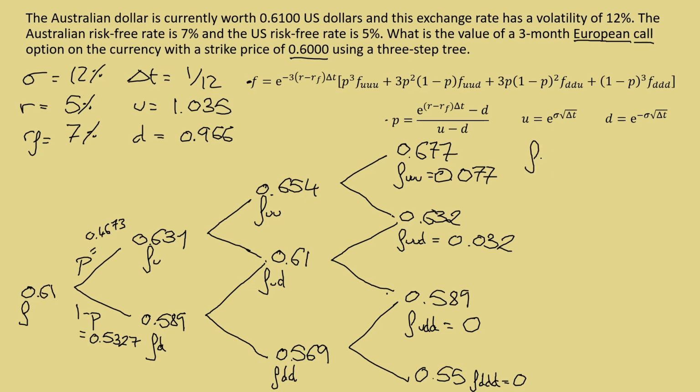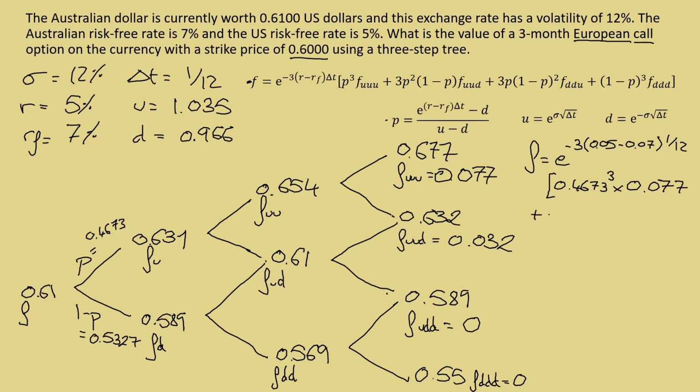Okay, so F is equal to e to the power of minus 3 times the domestic interest rate minus the foreign interest rate, so 0.05 minus 0.07 times the time period, which we said is 1 over 12. And then we multiply this by open brackets, so the probability cubed, so 0.4673 cubed times FUUU, which we said is 0.077.